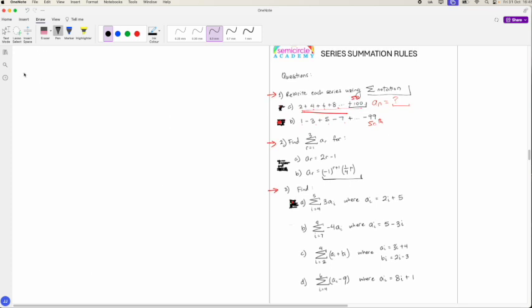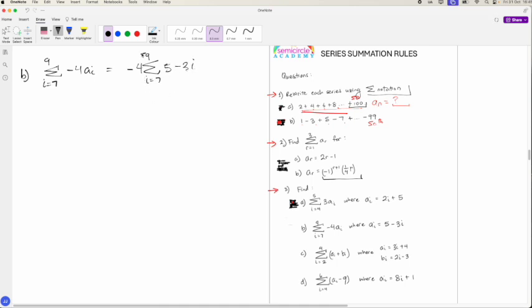We have a similar question here for part B, where we have the summation from i is 7 to 9, this time of -4a_i, which is -4 times the summation of i is 7 to 9 of a_i. a_i there is 5 minus 3i.